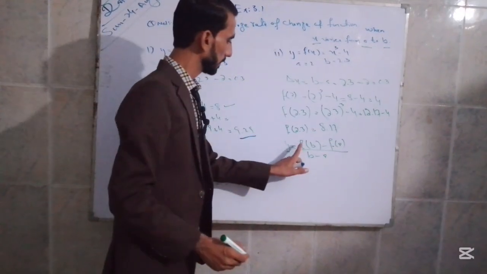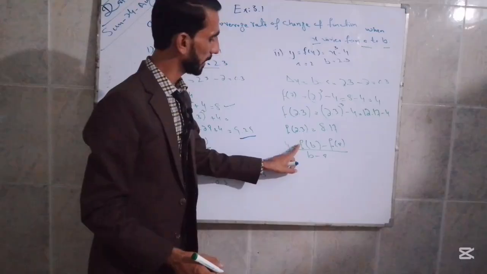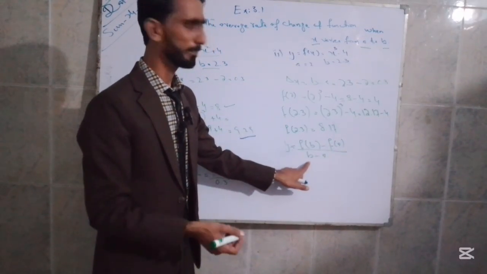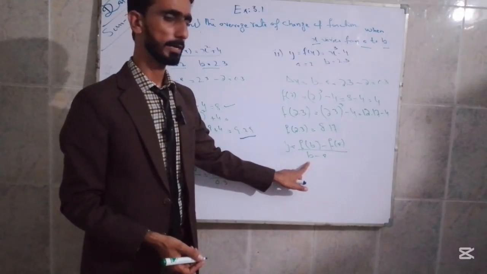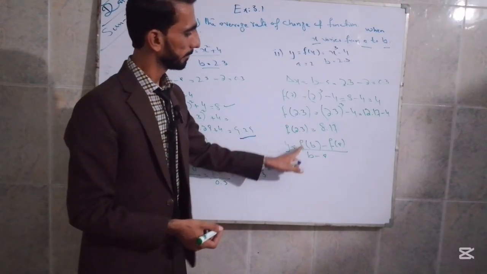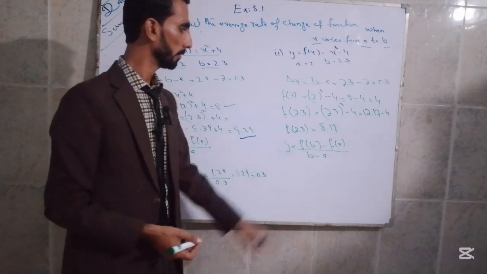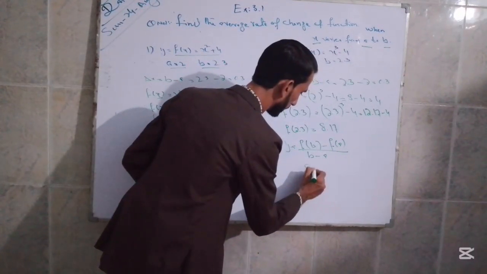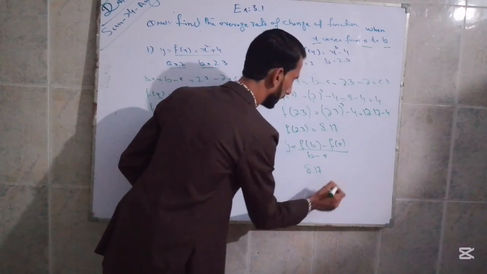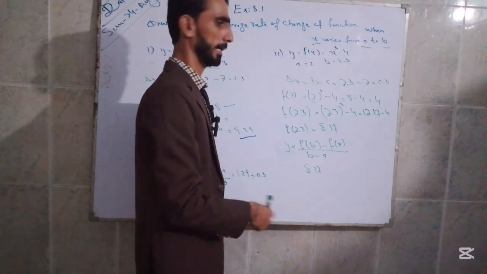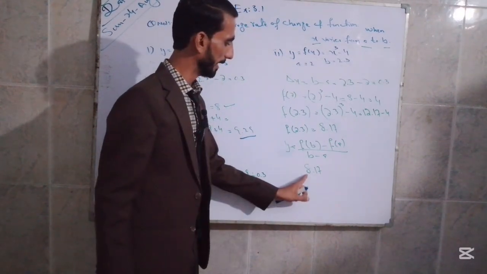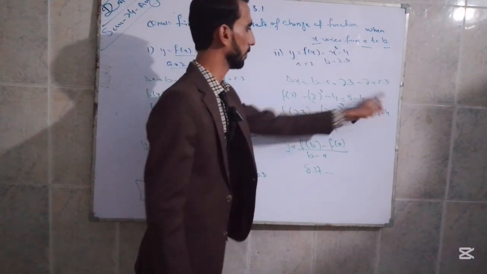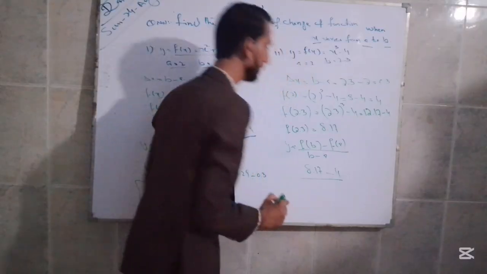Now we have the value of f of b and also the value of f of a, and the difference of b minus a is given. Okay, now put the values in. f of b is 8.17, not 17.8, sorry, my mistake. 8.17 minus f of a, which is 4, upon b minus a.